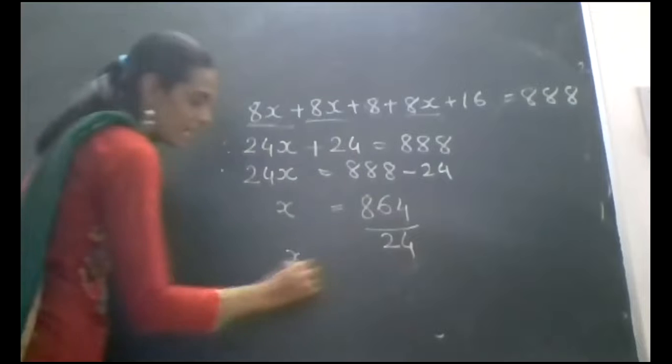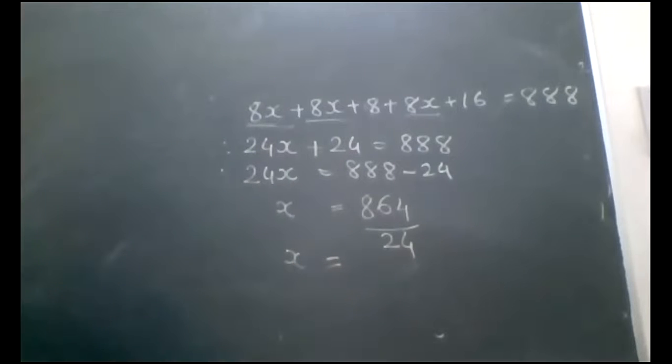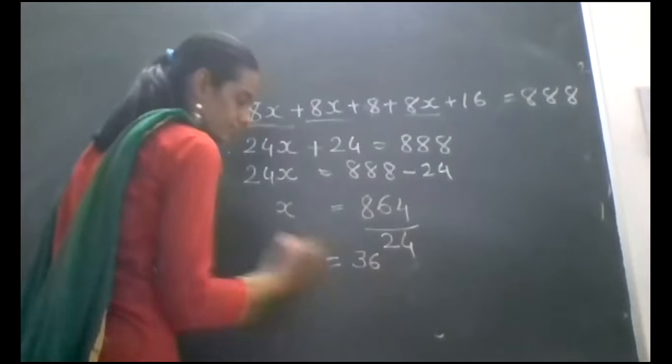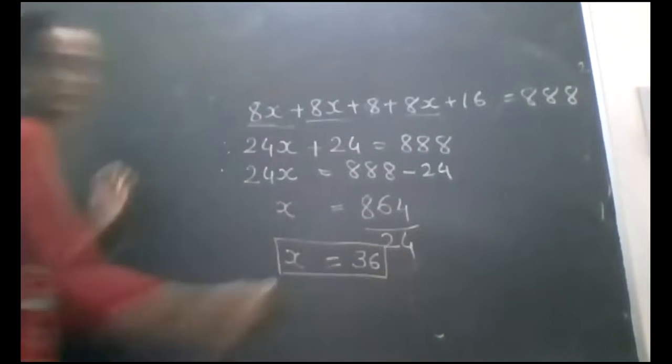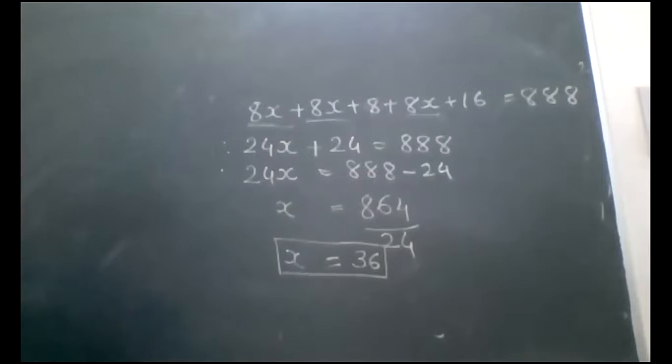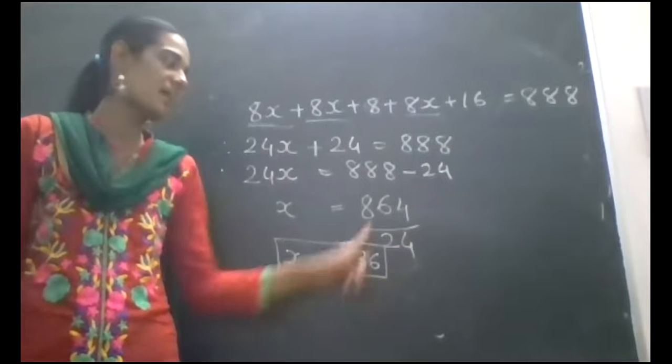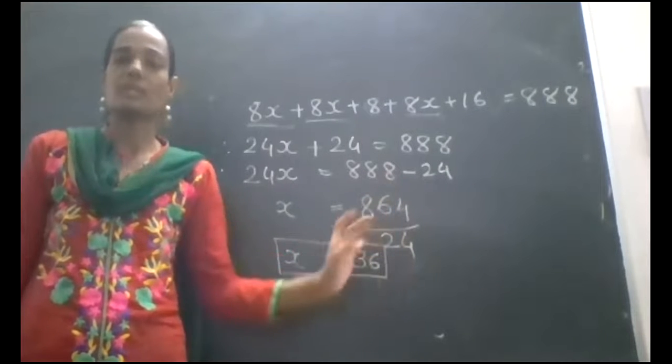Now divide it and tell me the answer. 864 divided by 24, what will you get? 36, right? You will get 36. 24 times 36 is 864.